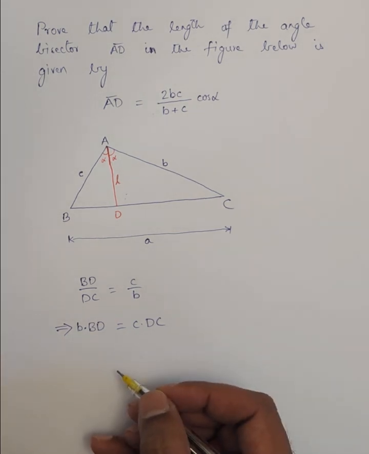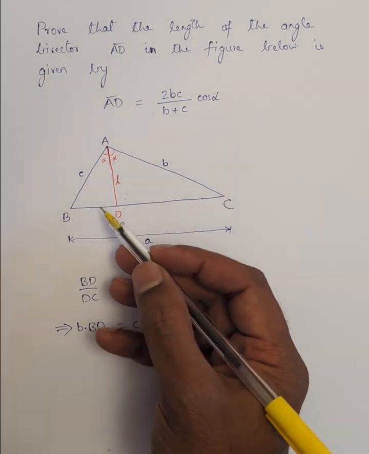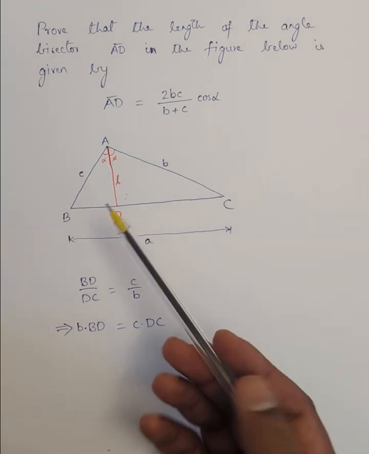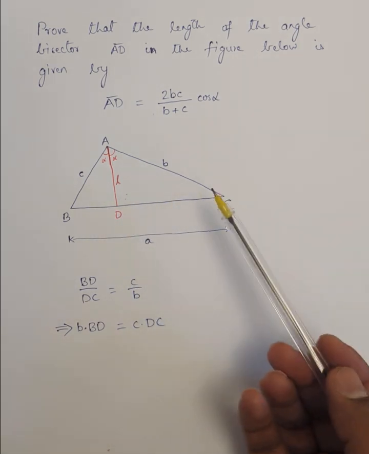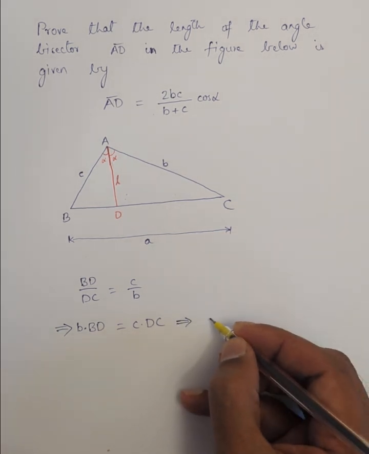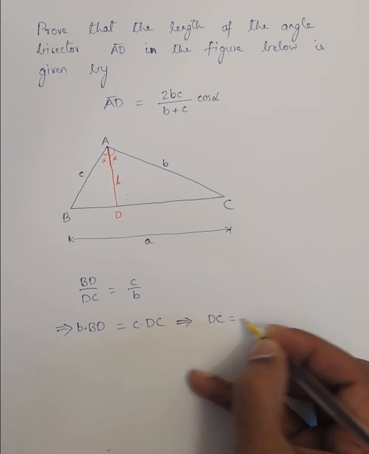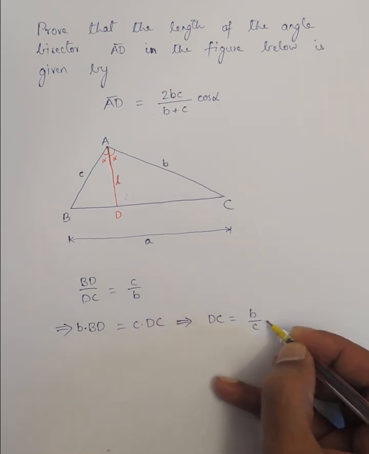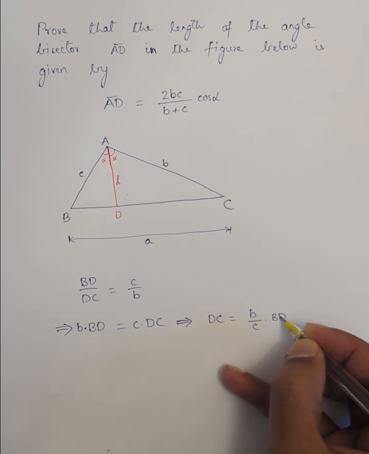And now I want to find BD, which means I want to eliminate DC. I'm going to use the fact that BD plus DC is A. So let's go ahead and solve for DC first. So DC is, you divide both sides by C, B over C times BD.